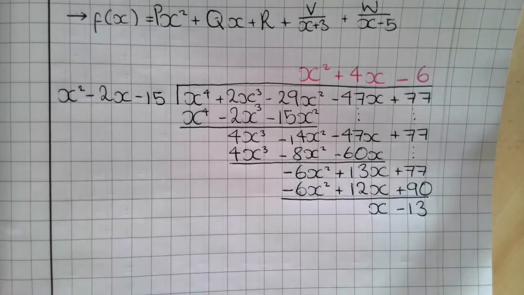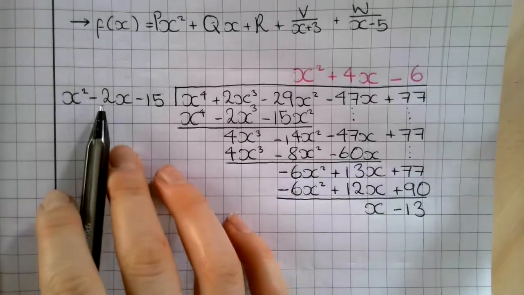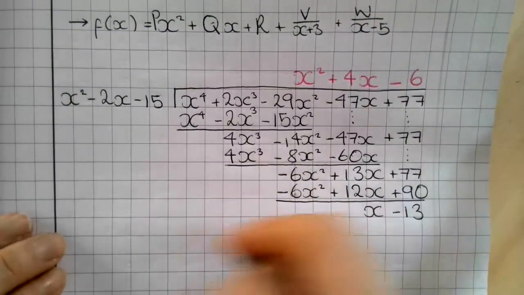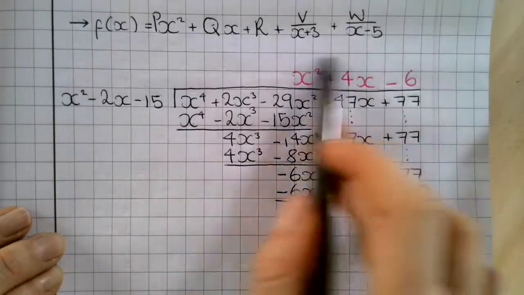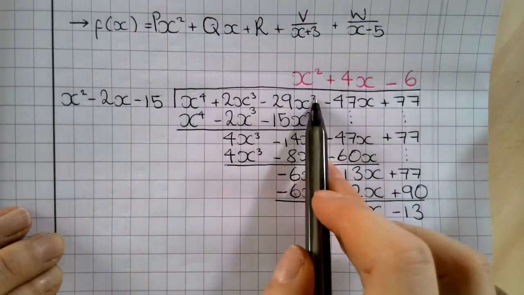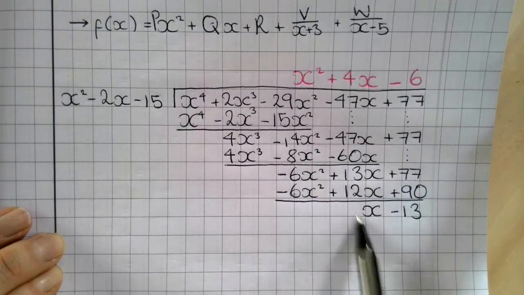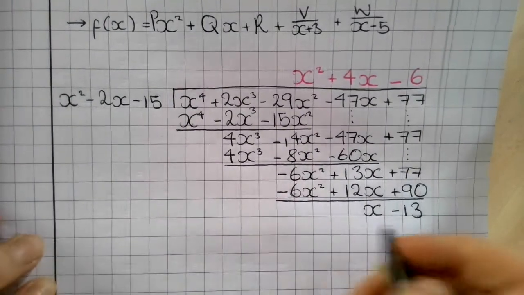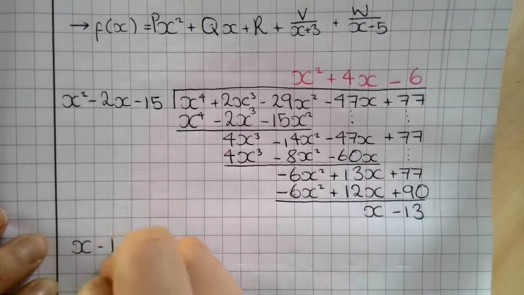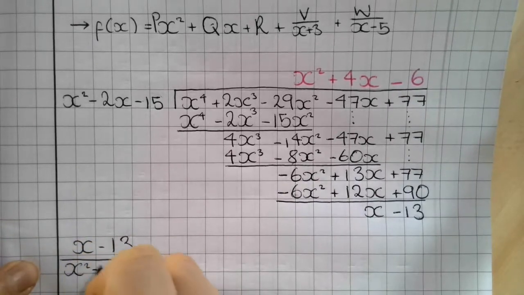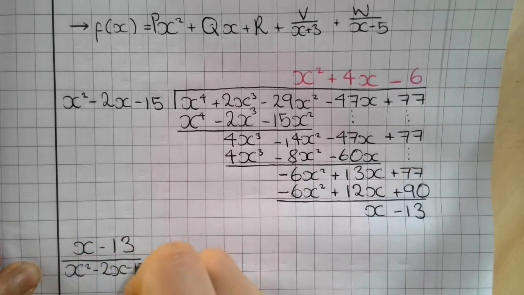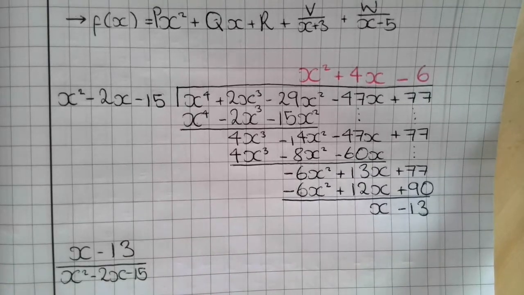So we've done this expression divided by that expression. We get this expression here, but then we've got to divide x minus 13, our remainder, by x squared minus 2x minus 15 to complete our answer.